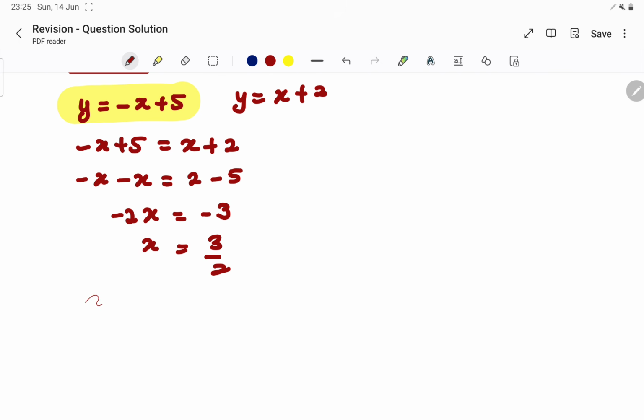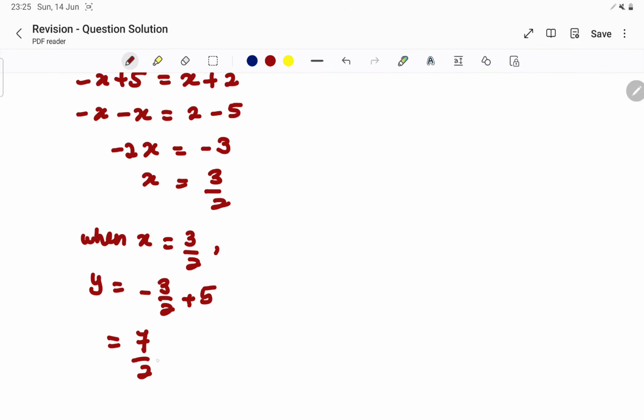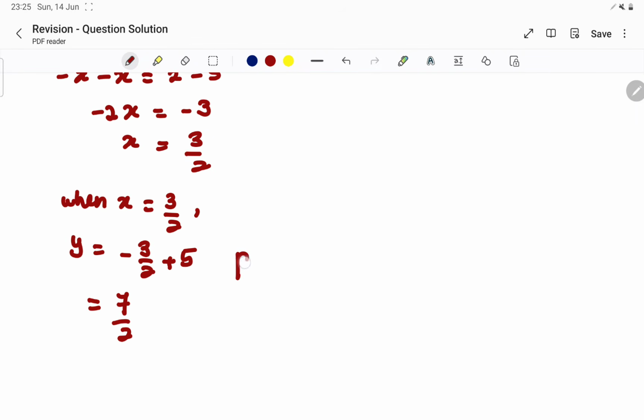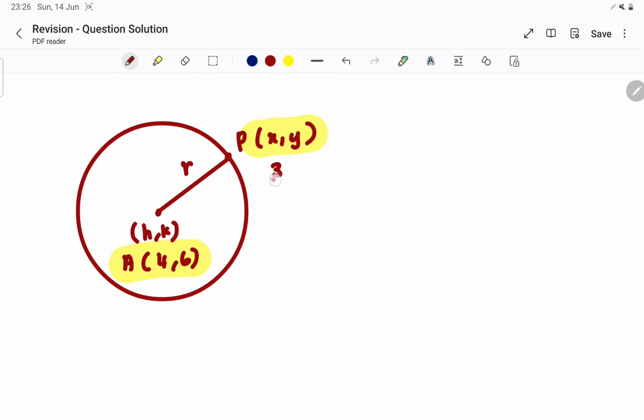When x is equal to 3 over 2, y is equal to negative 3 over 2 plus 5, which gives 7 over 2. So from here you get the coordinate of point P, which is (3 over 2, 7 over 2).